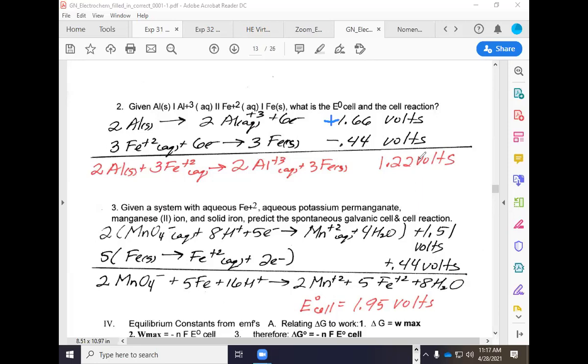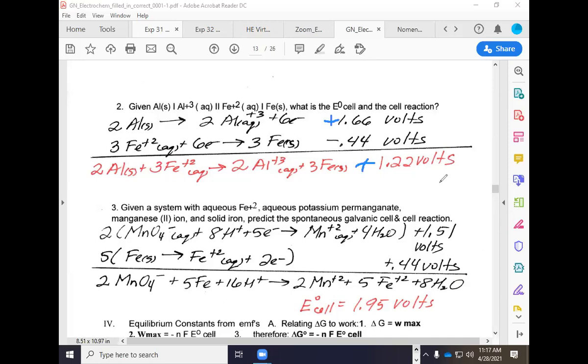I'm always going to flip one of them. Probably the best way to do this is just go ahead and flip one, add up your volts, and if it ends up being negative, then you flipped the wrong one. You can do that on scratch paper really fast. You definitely will have to flip one of them, and then you want to aim for a positive when you add all the volts up.